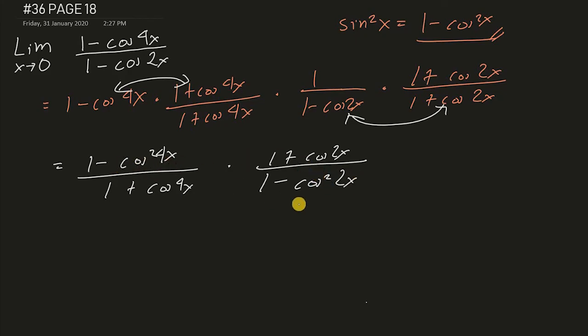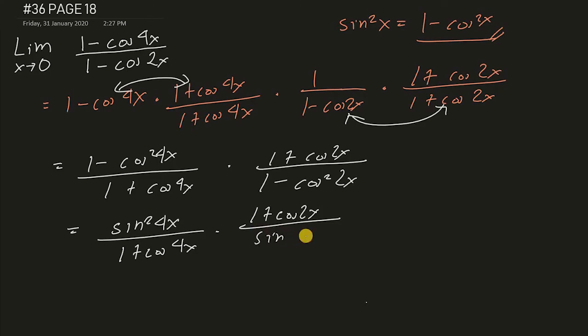So, itong 1 minus cosine squared, yung dalawang to, I will now convert them into this form para maging sine sila. So, ito magiging sine squared of 4x over 1 plus cosine 4x times 1 plus cosine 2x over ito magiging sine squared of 2x.